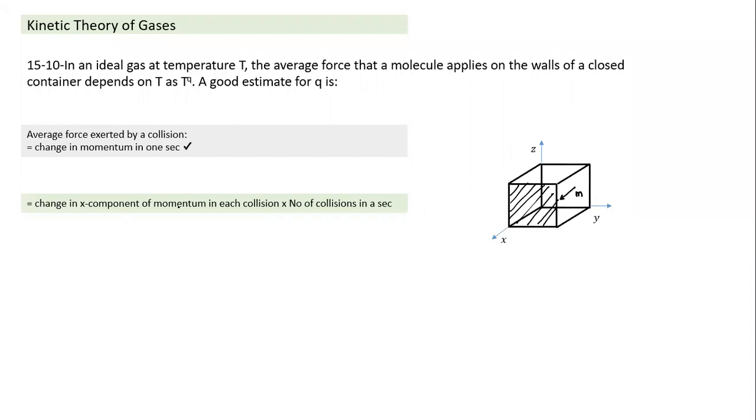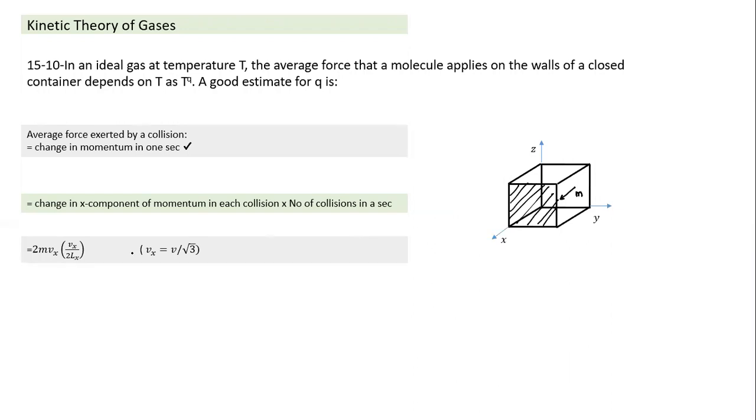So the force is the change in x component of momentum due to each collision times the number of collisions in a second. So, to understand the derivation: average force exerted by each molecule is equal to its change in momentum in 1 second, which is the change in x component of momentum in each collision multiplied by the number of collisions in a second.